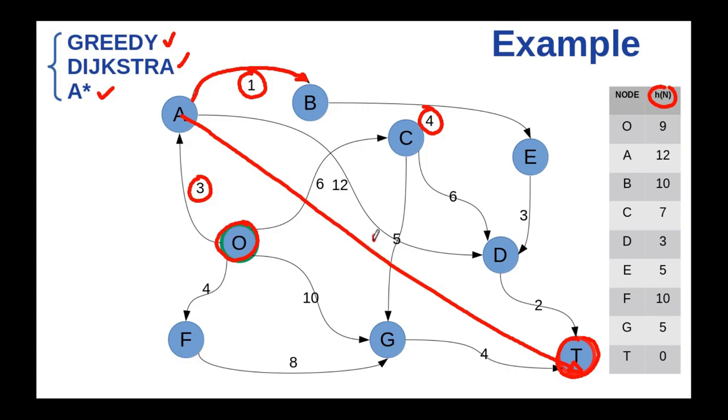This distance is the heuristics of A. As you can see, the heuristics of A is 12 in comparison, for example, to the heuristics of C, that it's only 7, because C is closer to the target than A is.